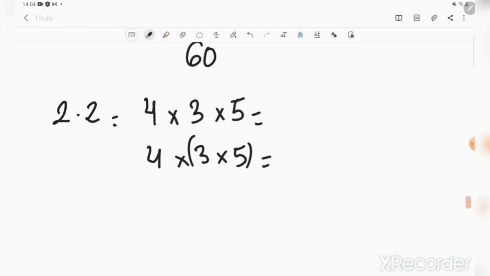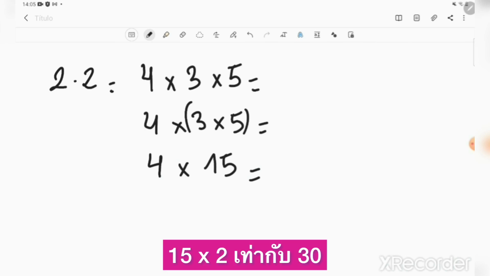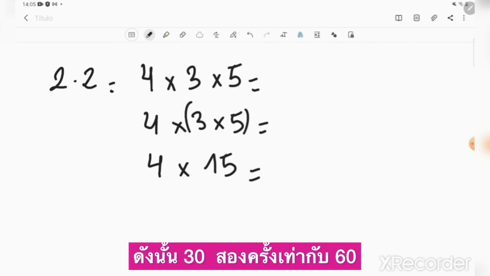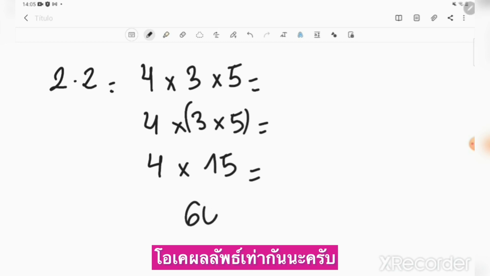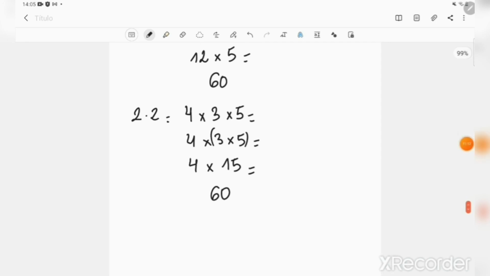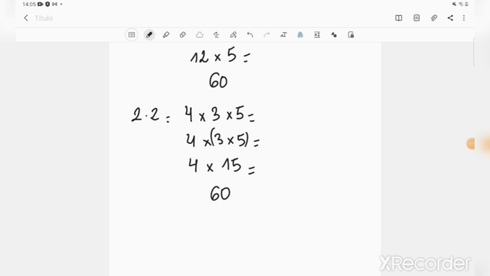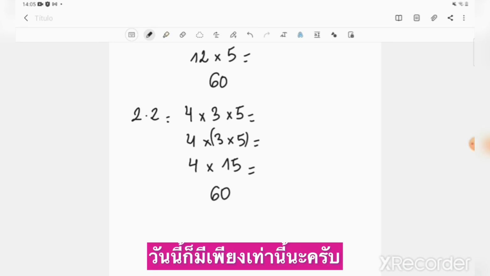So 3 multiplied by 5 equals 15 multiplied by 4. 15 two times is 30, so 15 four times is 60. It's the same result. Did you get it? So this is all we're going to learn today.